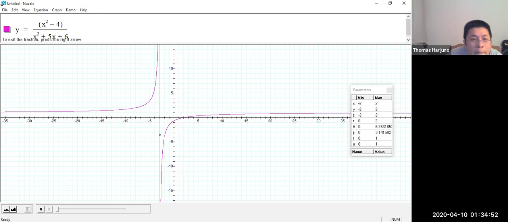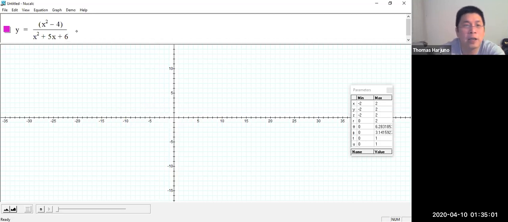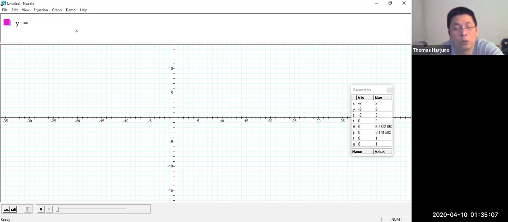Now notice that we will get the same graph when I do x minus 2 over x plus 3.